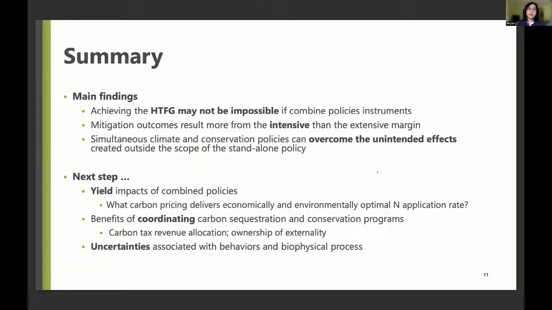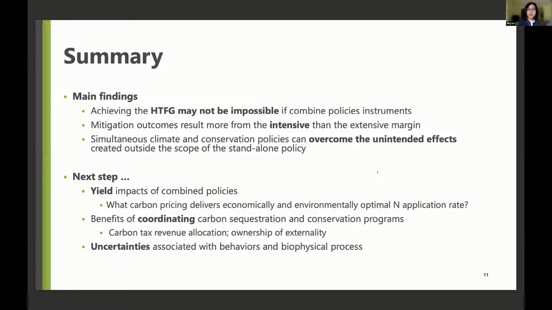To sum up our findings, by combining carbon pricing, the wetland, and some nitrogen management practices, it's still possible to achieve the 45% reduction set by the Hypoxia Task Force goals. And we find more of the reduction comes from the intensive margin rather than the extensive margin of mitigation.